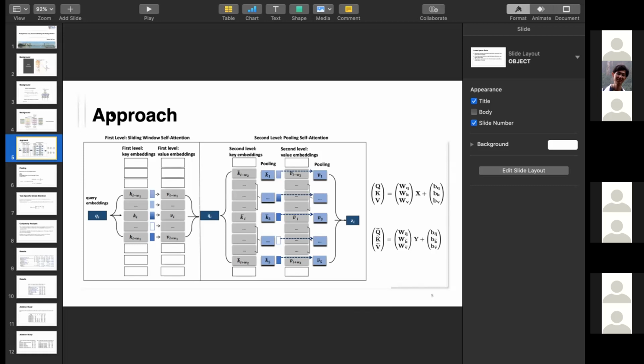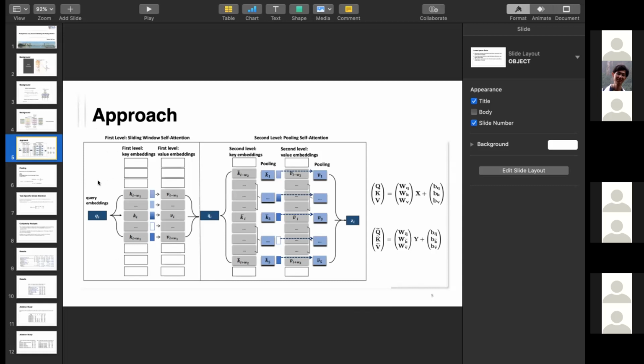So this paper has proposed an approach called the two-level pooling model, and the first level is to apply a sliding window on the self-attention mechanism.